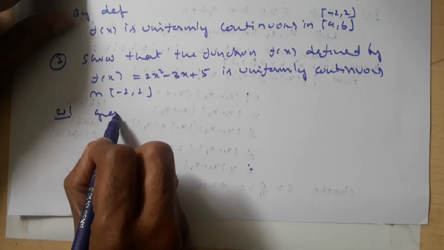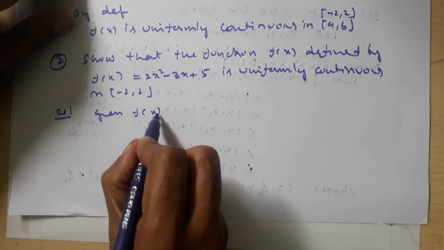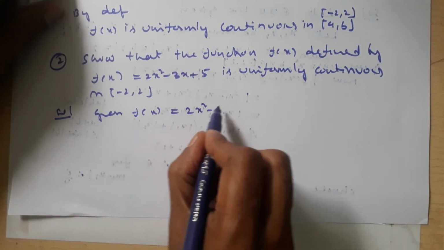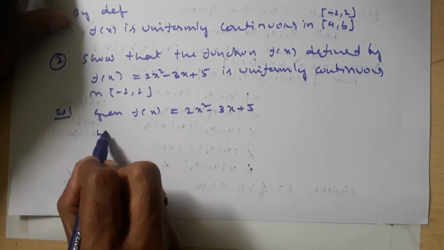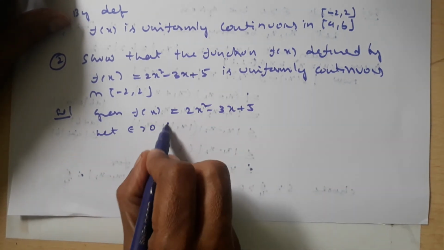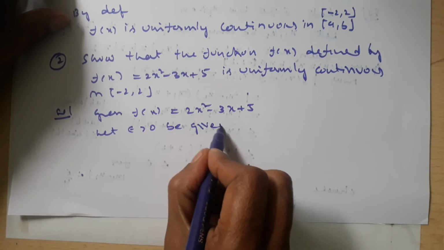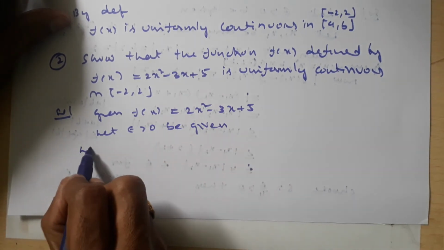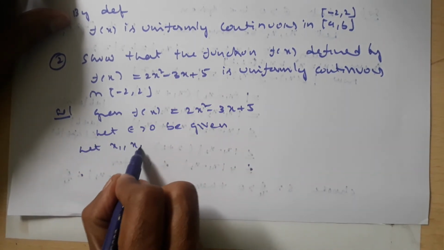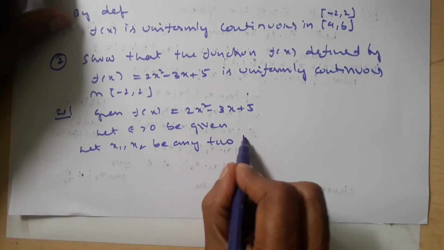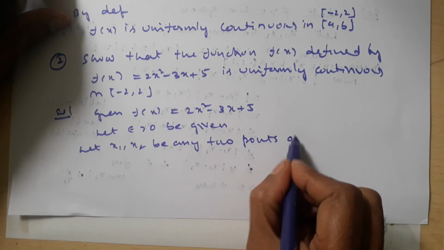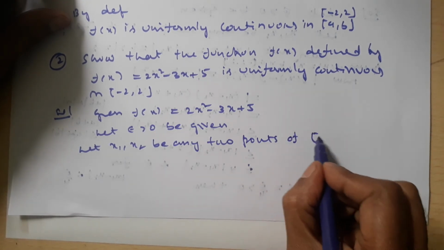Now, given f of x is equal to 2x square minus 3x plus 5, let epsilon greater than 0 be given. Let x1 comma x2 be any 2 points of the closed interval minus 2 comma 2.